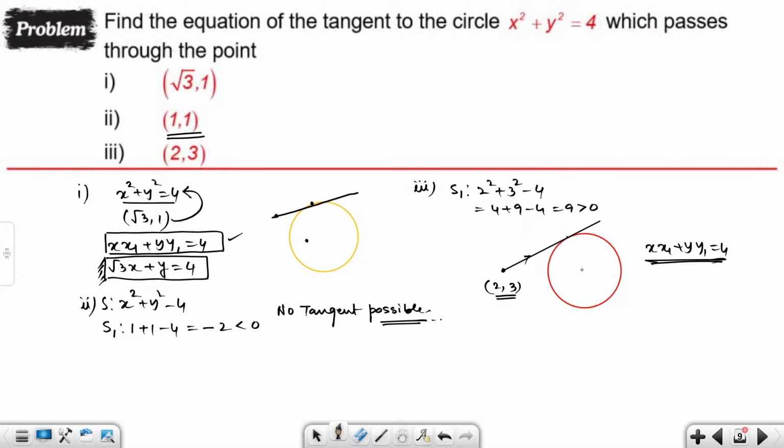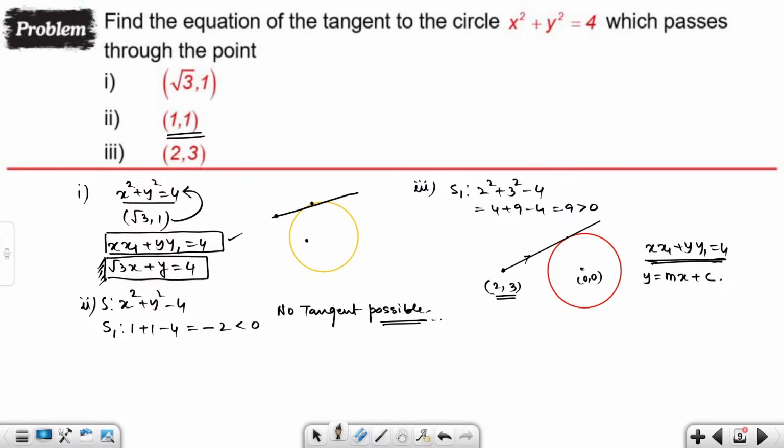You see, the center of this circle is (0, 0), and this line is passing through the point (2, 3). So how to find out this equation? Let us say the equation of the straight line is y equals to mx plus c.